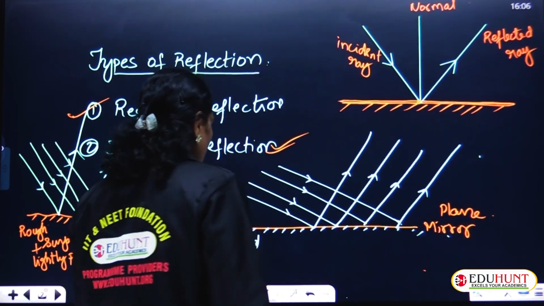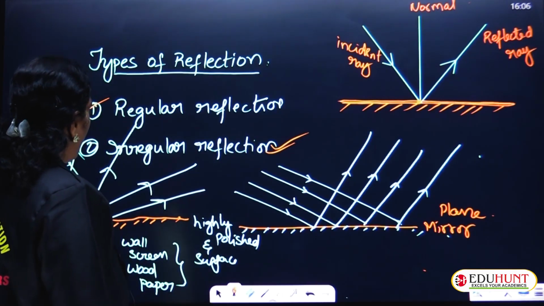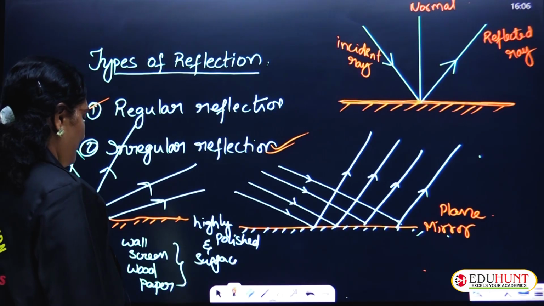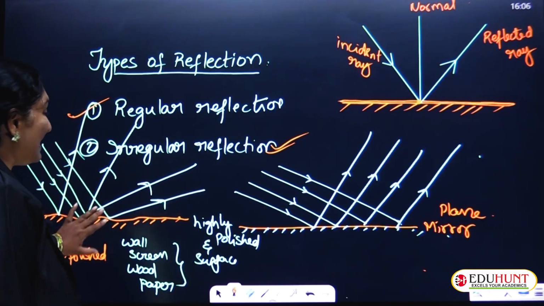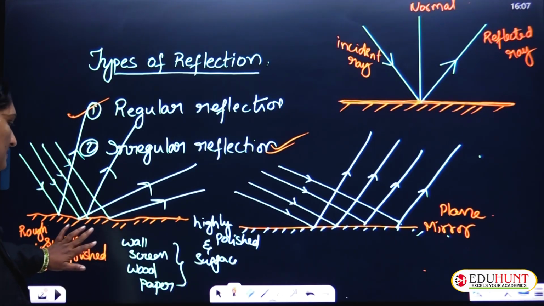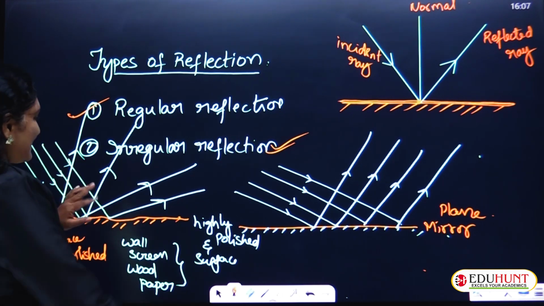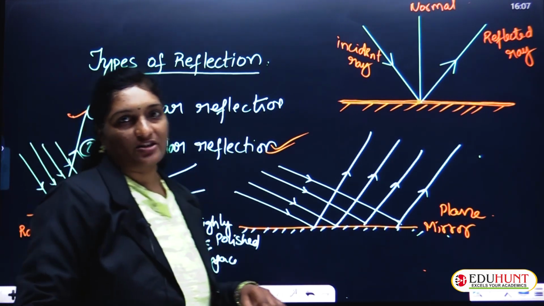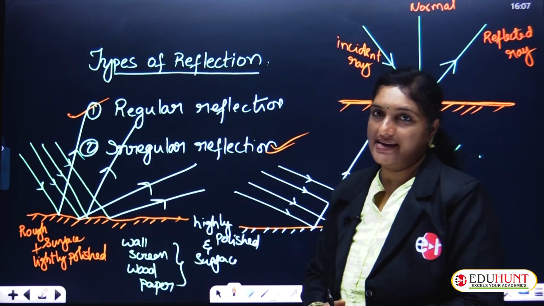Whereas whenever the surfaces are not regular, simply irregular surfaces, the light is scattered and moves in all possible directions.